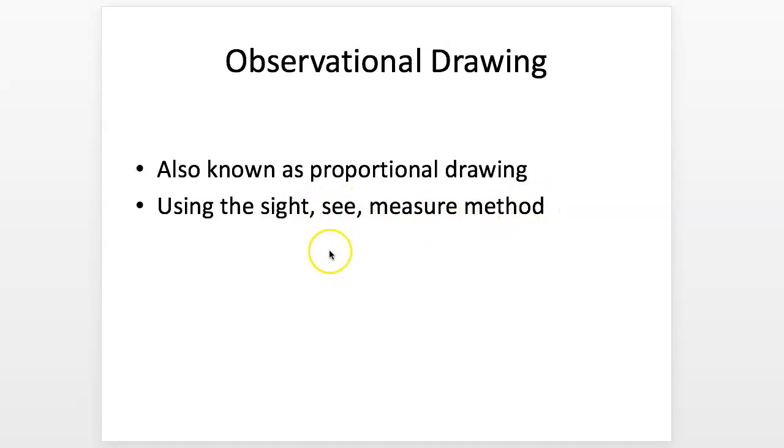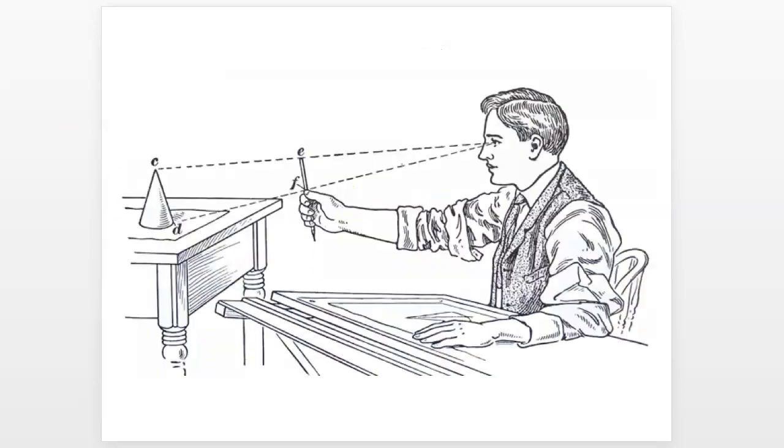sight, see, measure method. What it basically is, this illustration shows you there's something out in the world that you want to put on your paper. And it has a certain size and shape and a proportion to it, its height to its width to its depth.